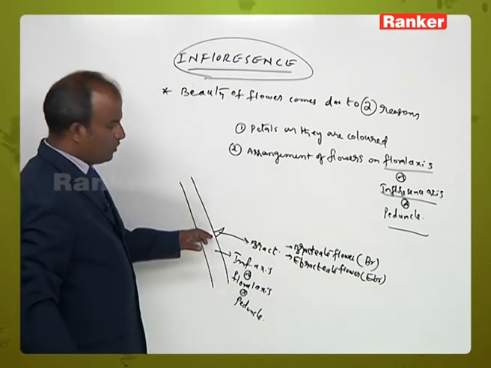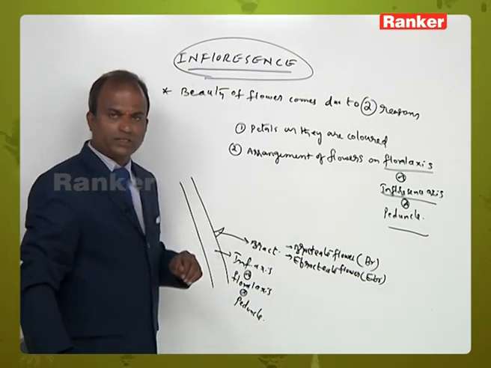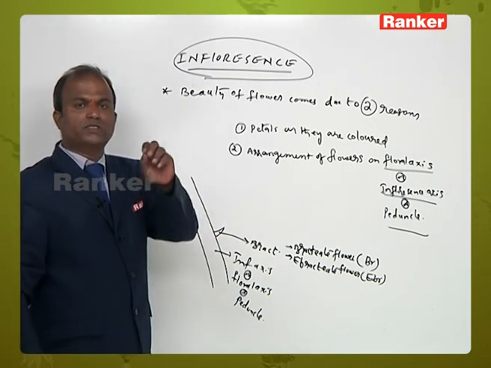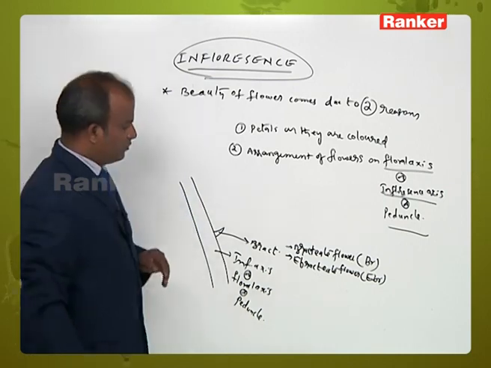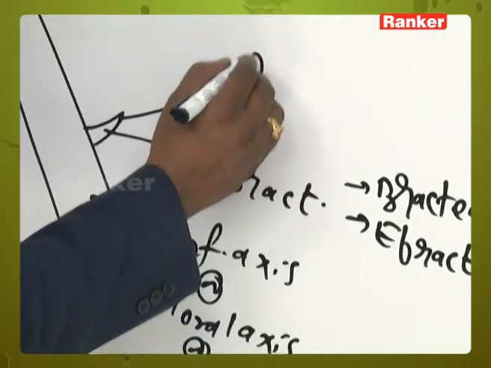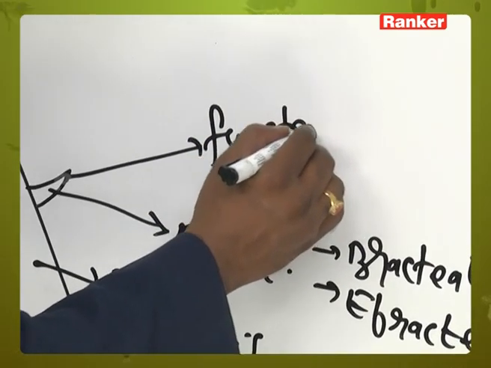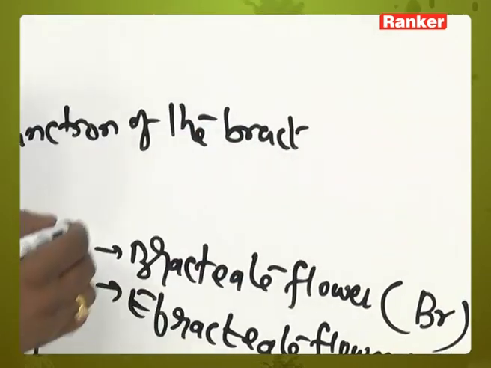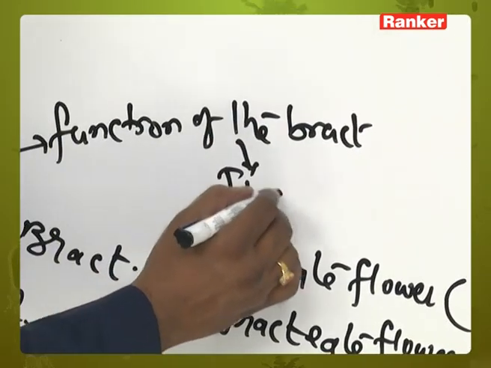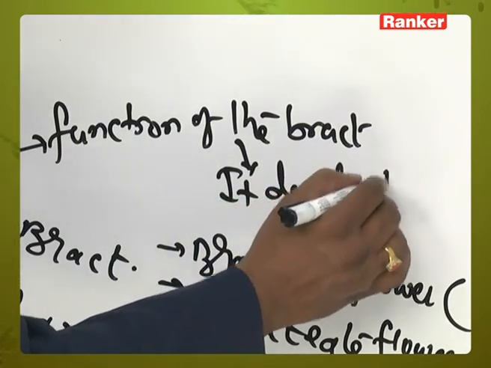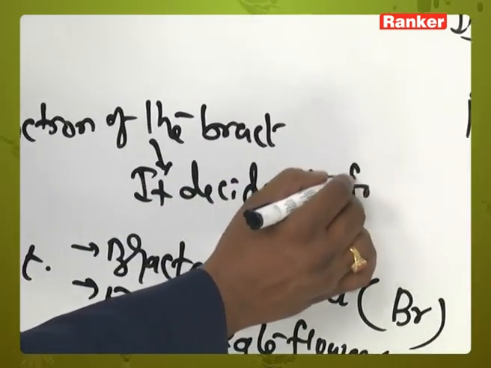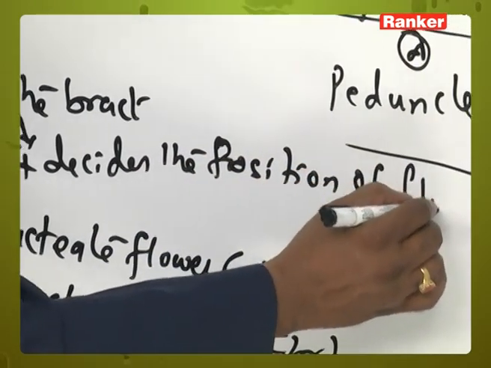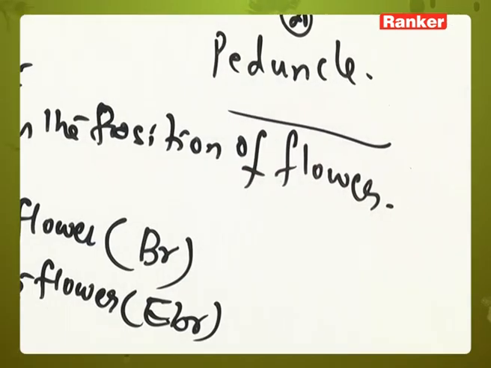What is the original function of the bract? The original function of the bract is that it decides the position of a flower. It decides the position of which one?